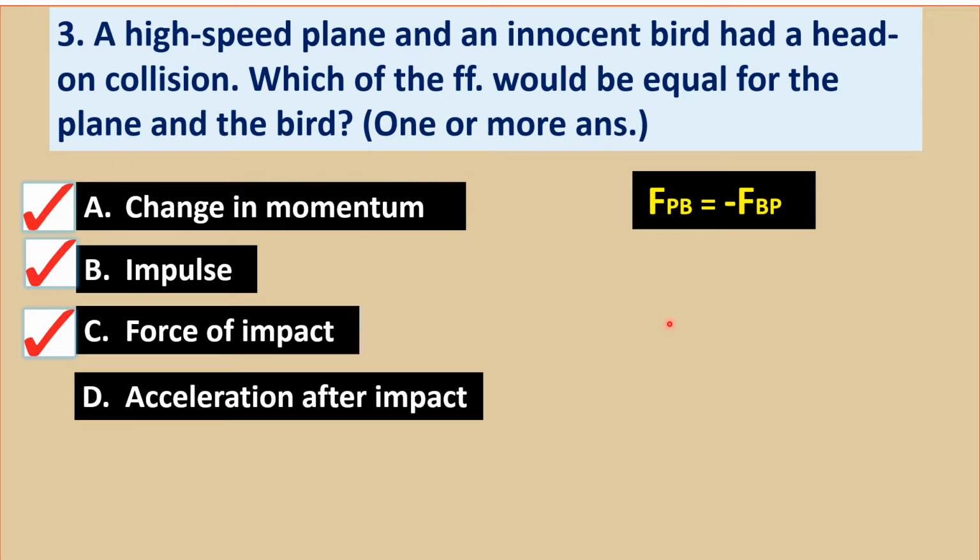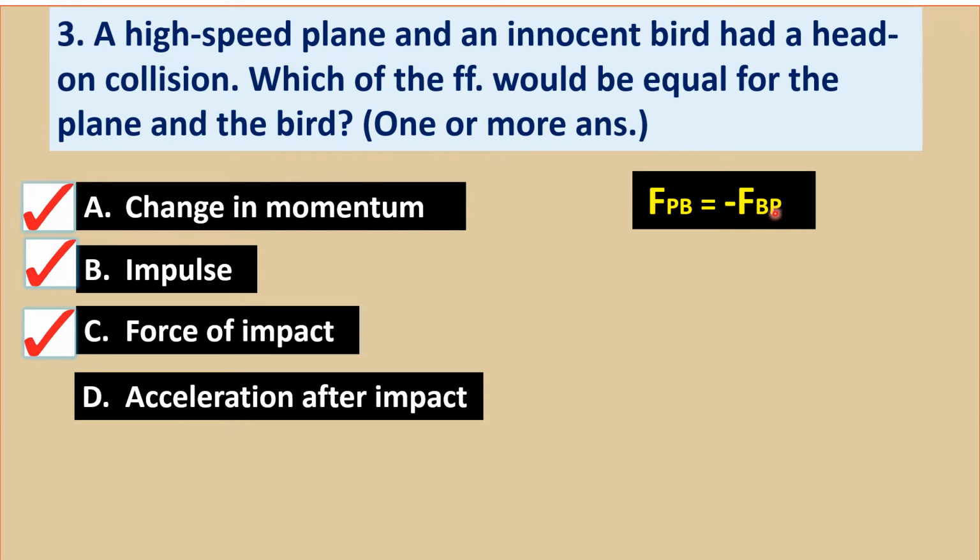Newton's third law of motion is very clear. Action is equal to reaction. The force exerted by the plane on the bird, that's FPB, is always equal but opposite to the force exerted by the bird on the plane.